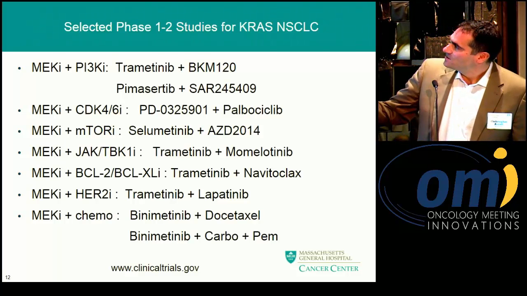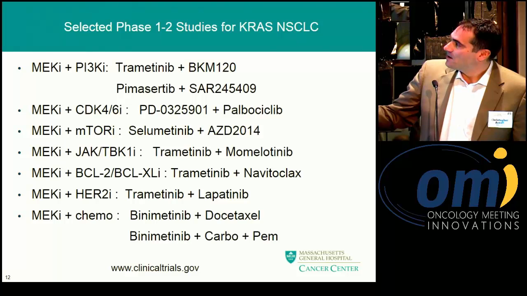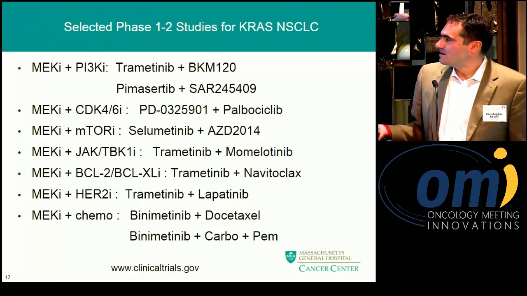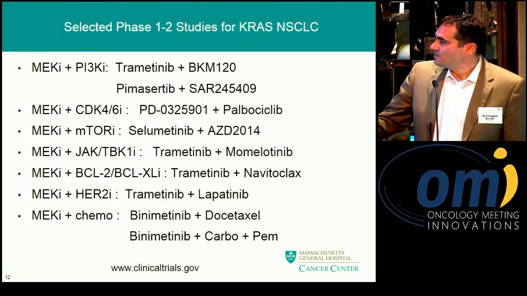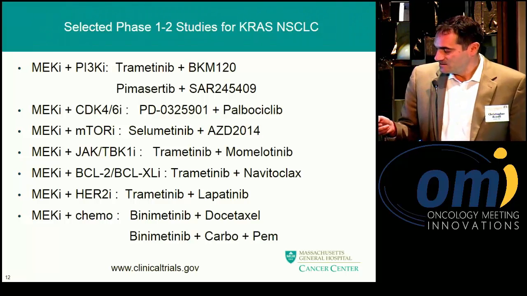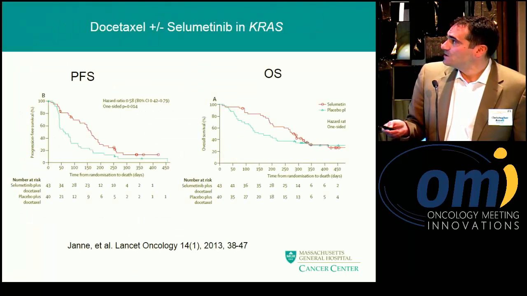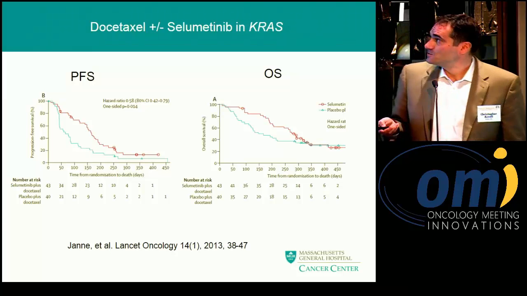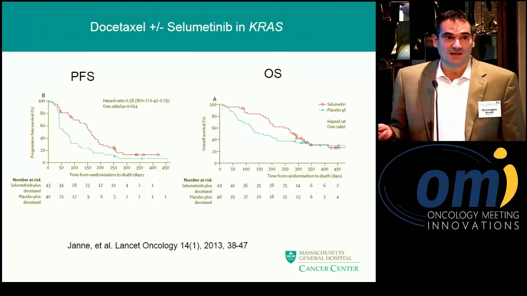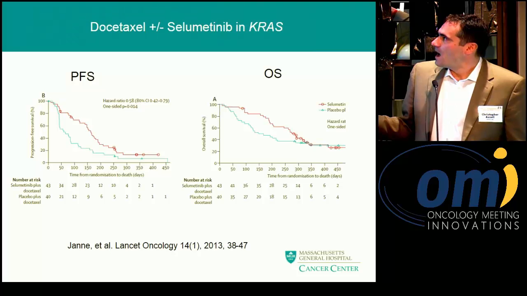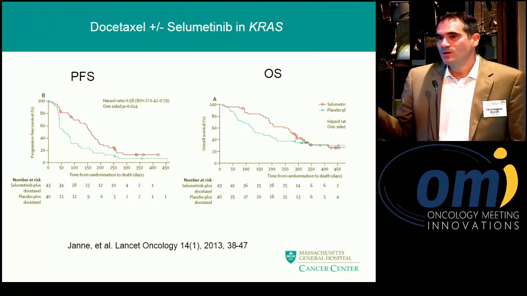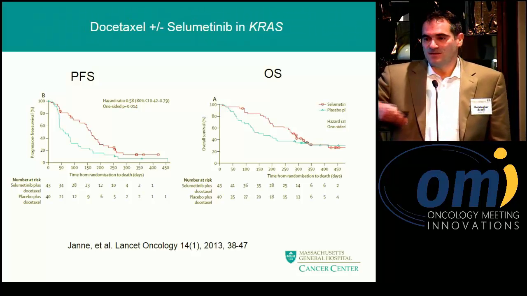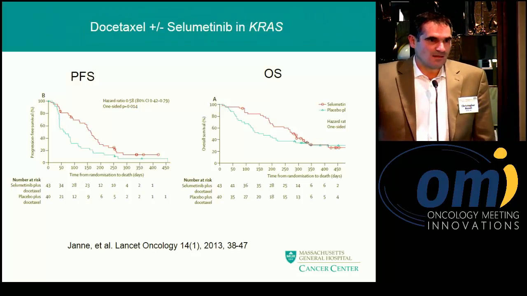But you see, the common theme is you tend to combine a MEK inhibitor with some other approach, including chemotherapy. And I'll close with the compound closest to clinical use, which is the MEK inhibitor selumetinib. And the way I understand this is KRAS-driven cancers have overactive BCL-XL.